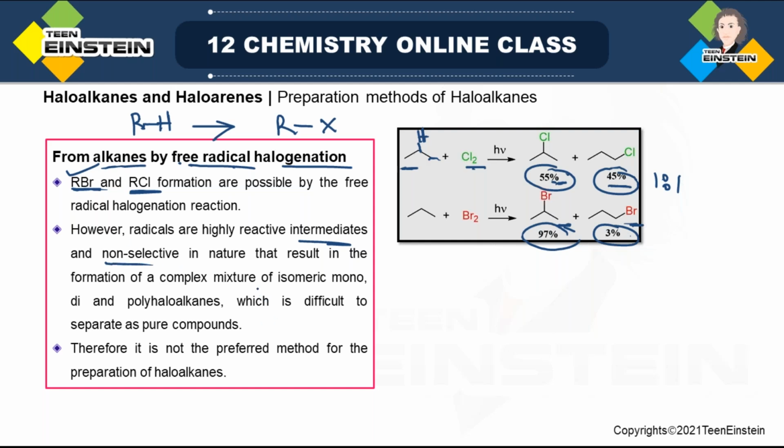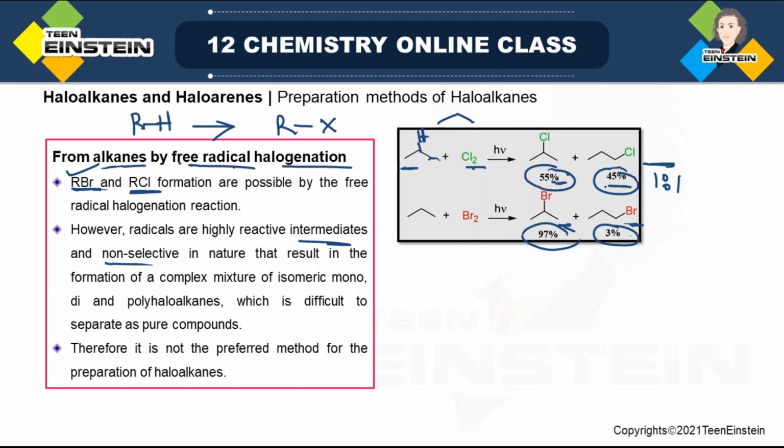So they are basically non-selective in nature, which you can easily see in this molecule. Here we have taken a very simple structure, which is propane, CH3CH2CH3. But with this simple structure, you are getting this type of ratio, 55:45, almost 1:1.